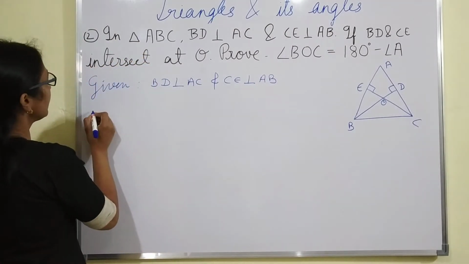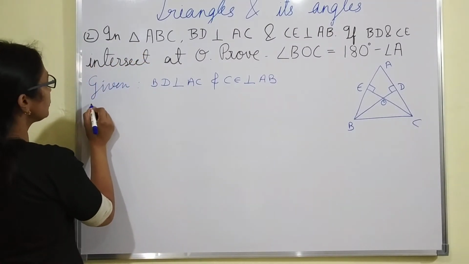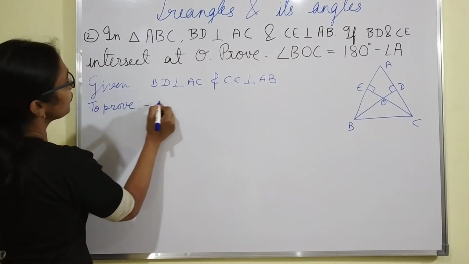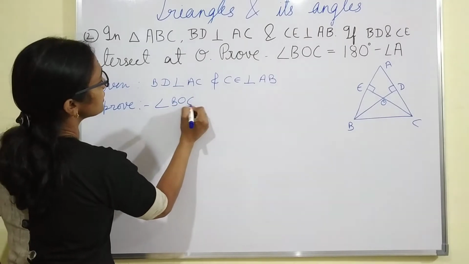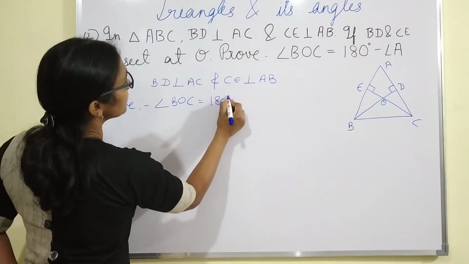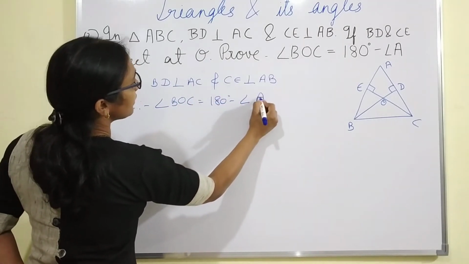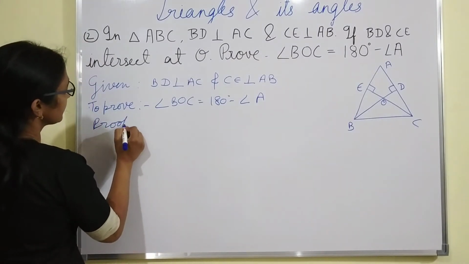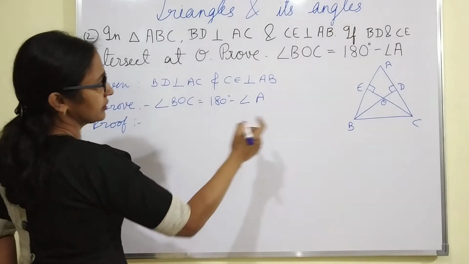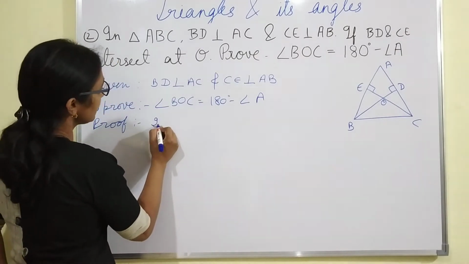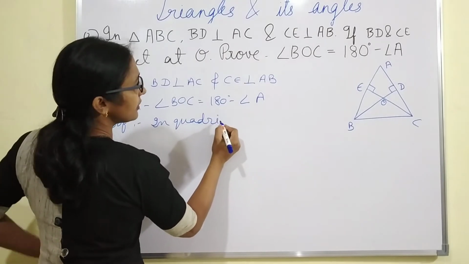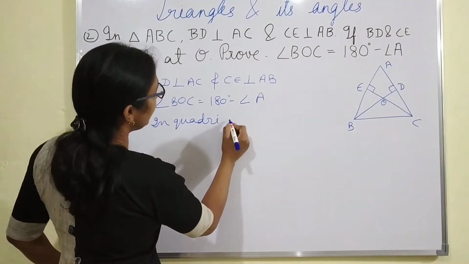Now to prove is angle BOC equals 180 degree minus angle A. Now proof. In quadrilateral AEOD.